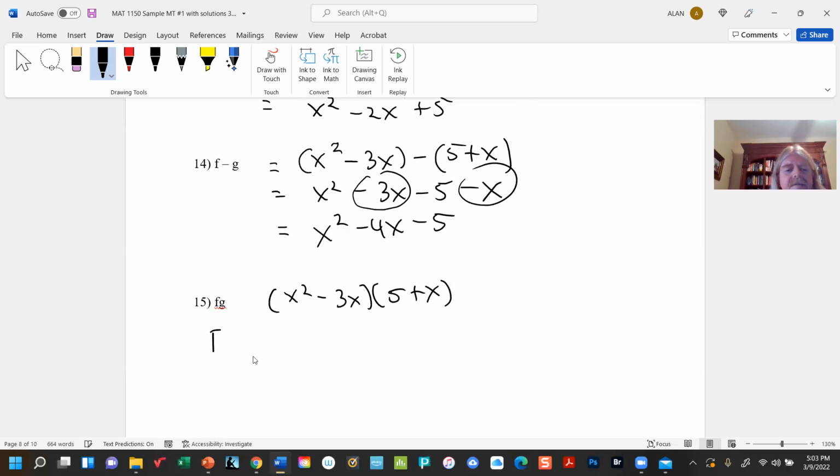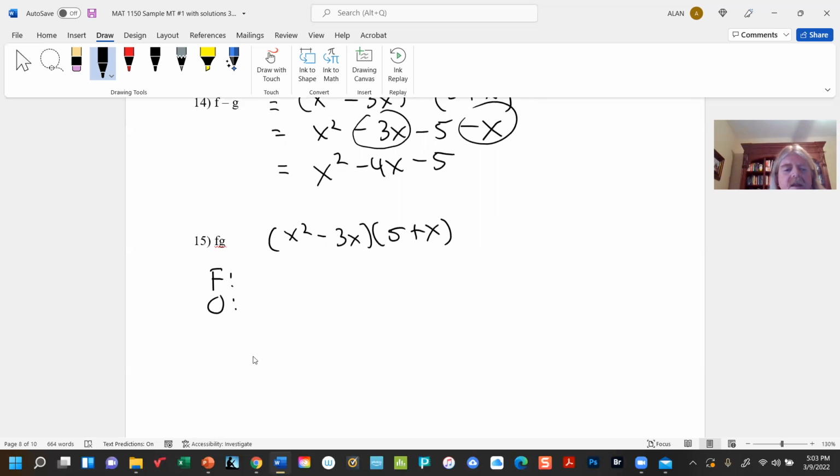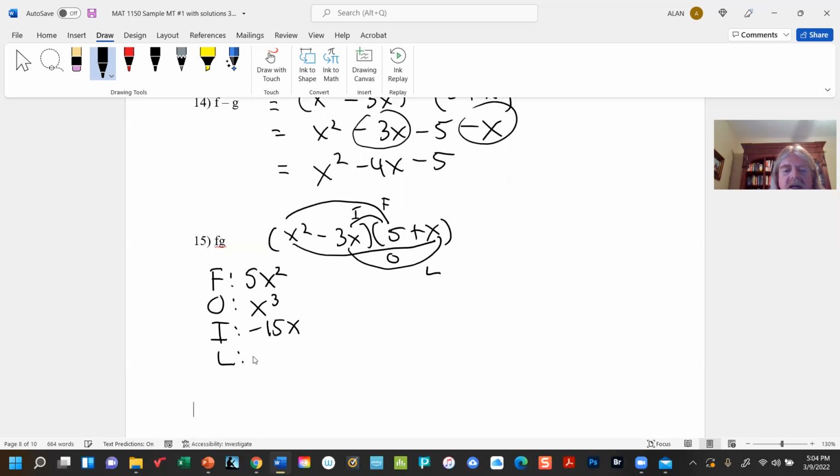So F, O, I, and L can be written as, here's our F, 5x squared. O is x cubed. The inner ones here are minus 15x. And then last would be minus 3x squared.